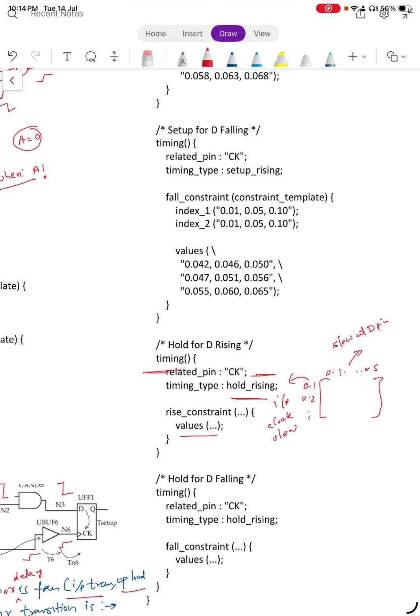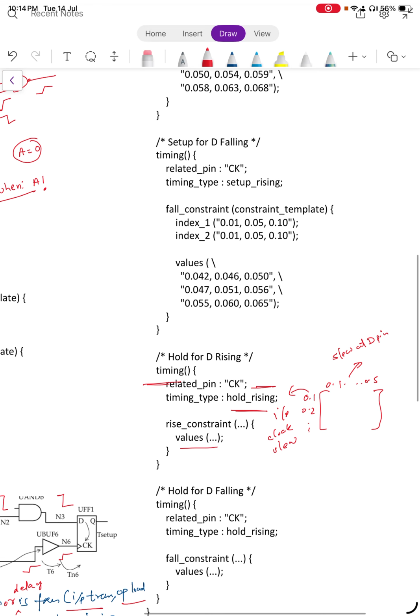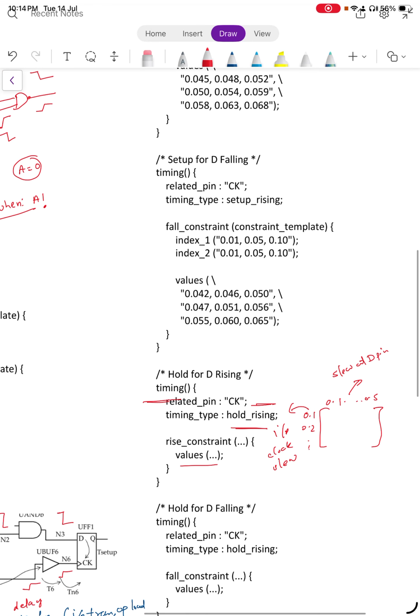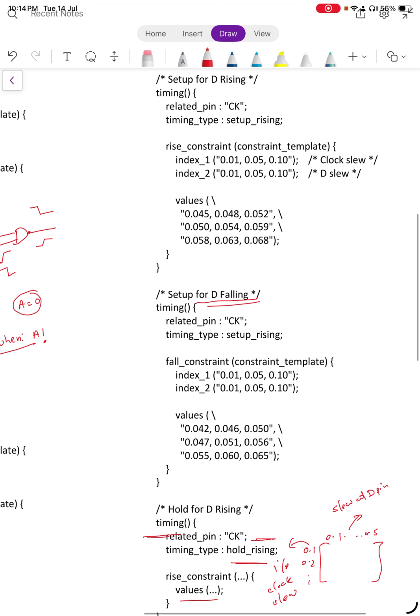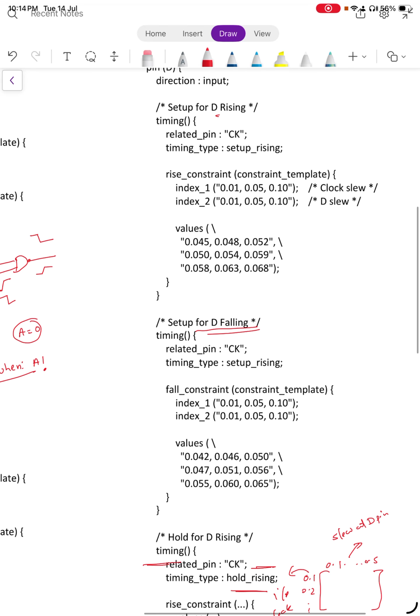Similarly, here we have the setup for D falling and setup for D rising. Here in index 1 we have the clock slew, in index 2 we have the D slew, and the corresponding values are present in this table.